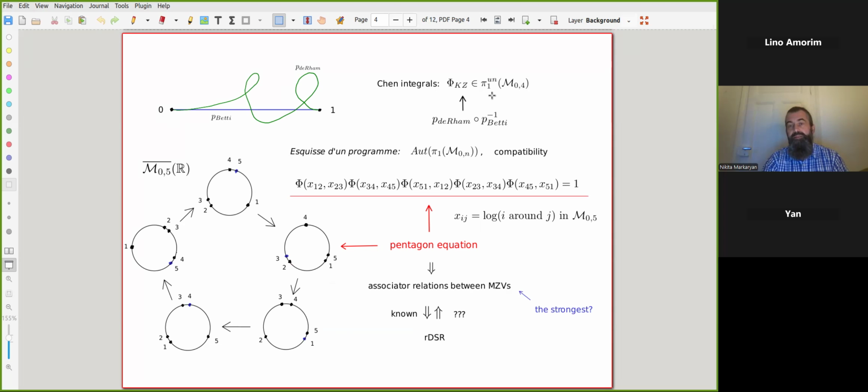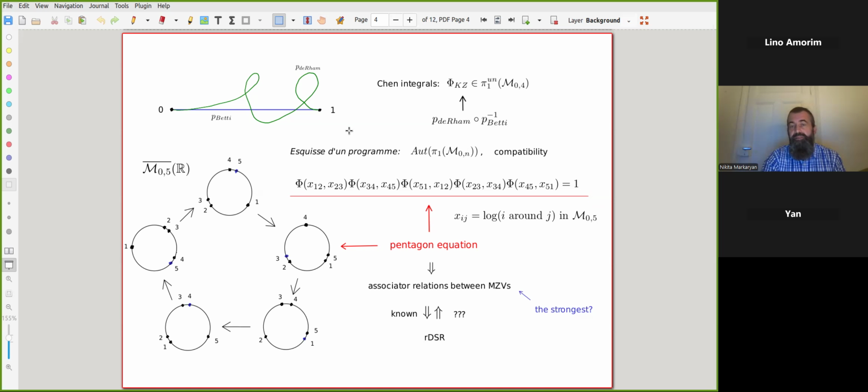As far as I understand, the idea is that we have some path which is a straight path, and we have another path. It's not a real path. It's an element of the pro-unipotent completion, which is called de Rham and Betti, and this associator measures the difference between them.